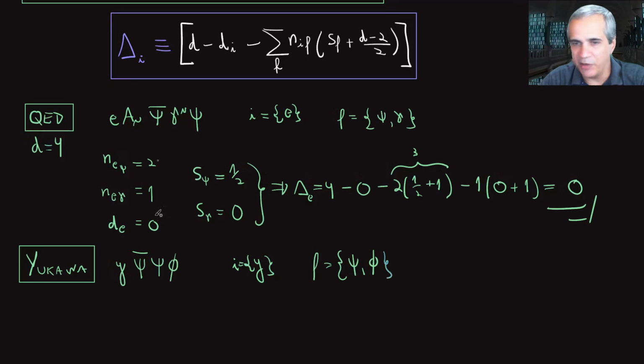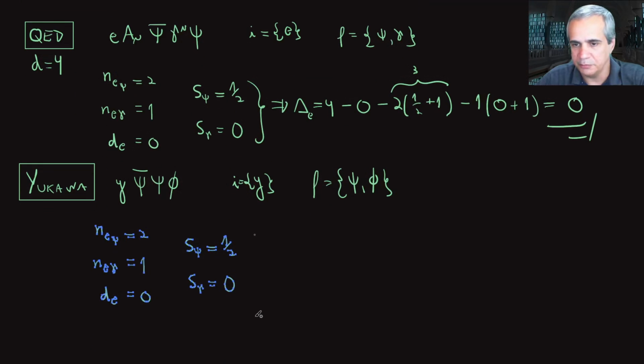Just by comparing these two, you see the situation is really similar. Just replace the photon by the scalar, and you see the numbers are all the same. I can just copy all of these, go down a little bit, and then just replace here by the phi, replace all the e's by y's.